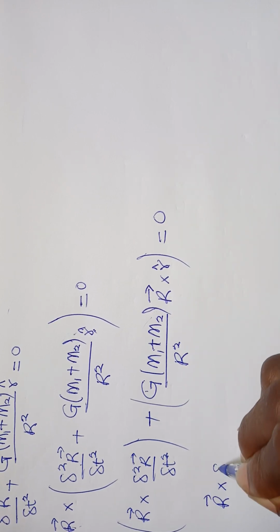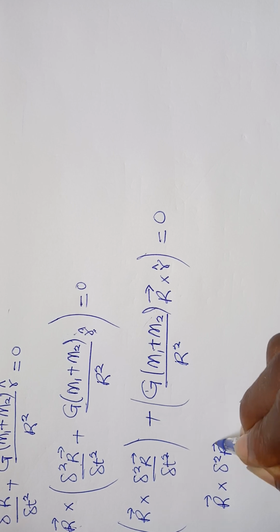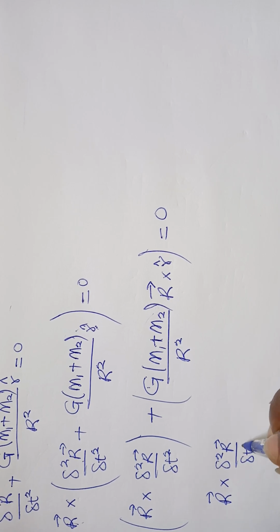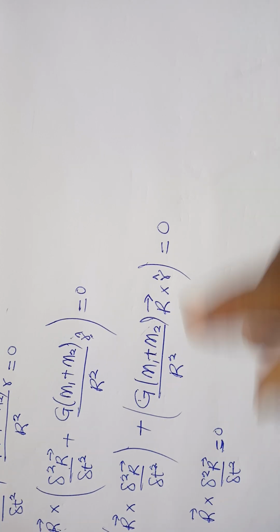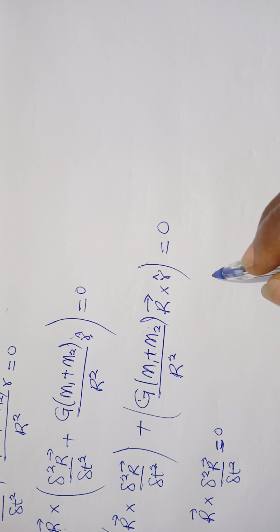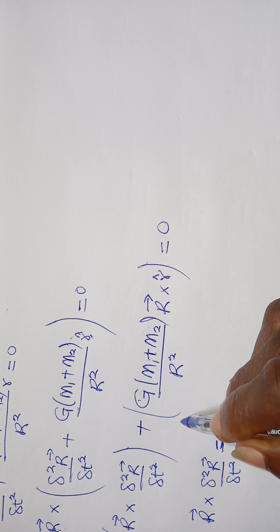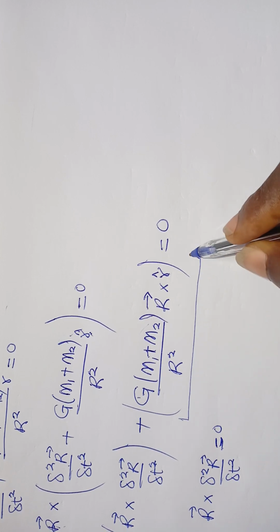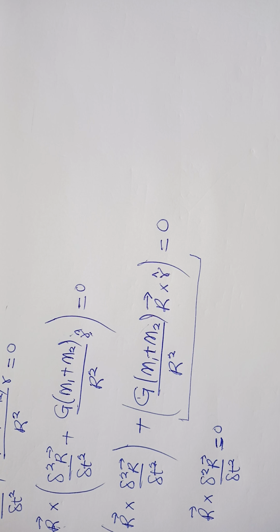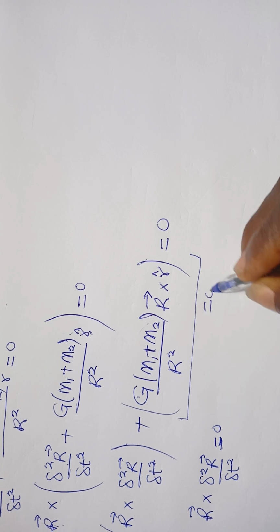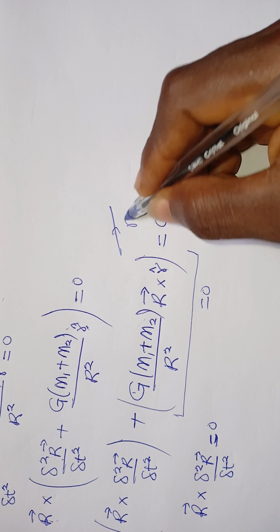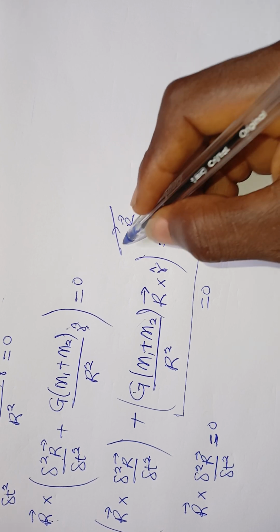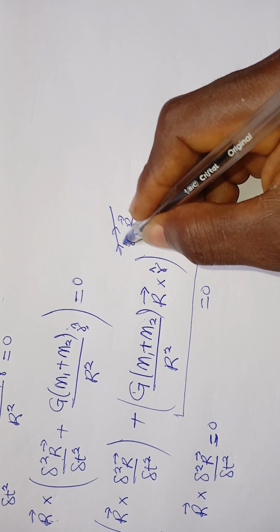r cross d squared r, dt squared is equal to 0. That is the first part. And then again, the whole of the second part is equal to 0, because if you have a vector r, it is in the same direction as the unit vector r roof.